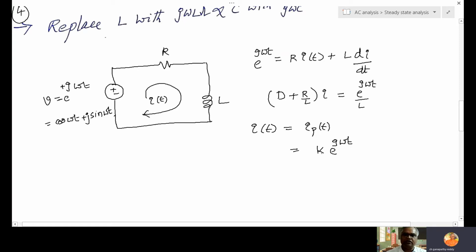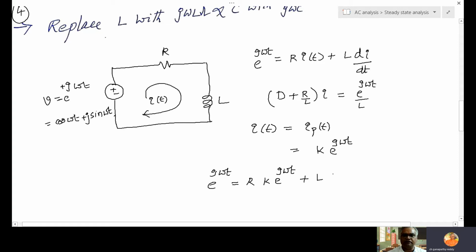So this constant k we can find by substituting here. So e power j omega t is equal to R into k e power j omega t plus L derivative.